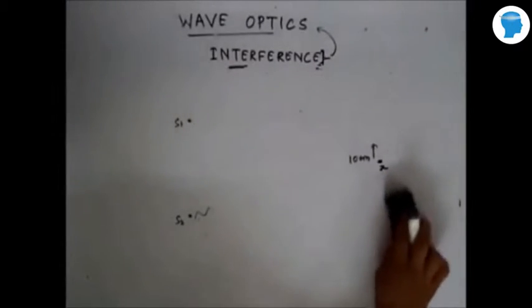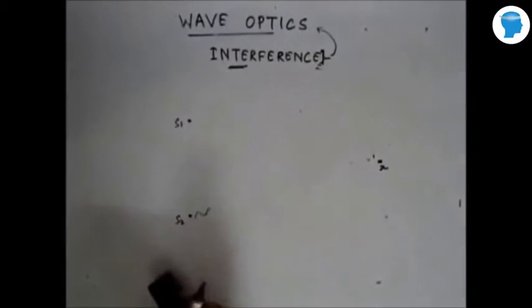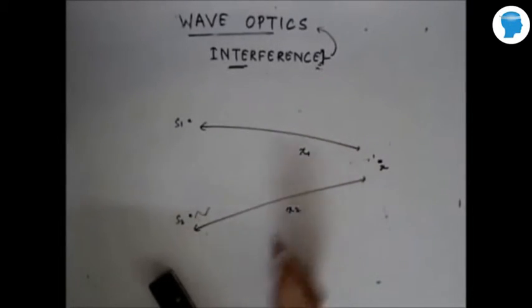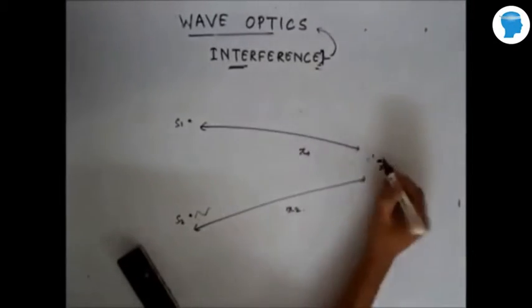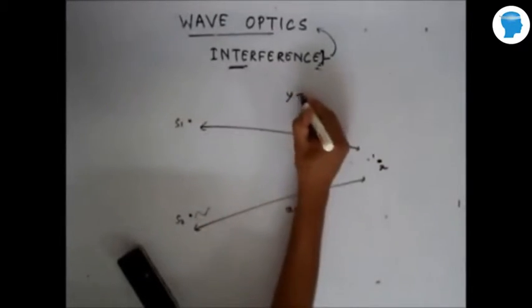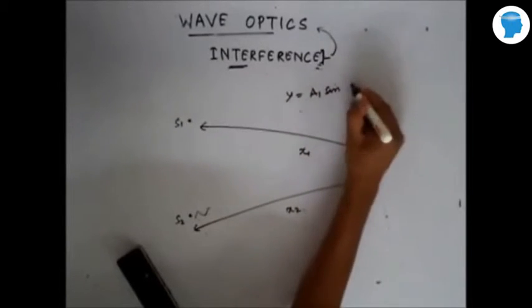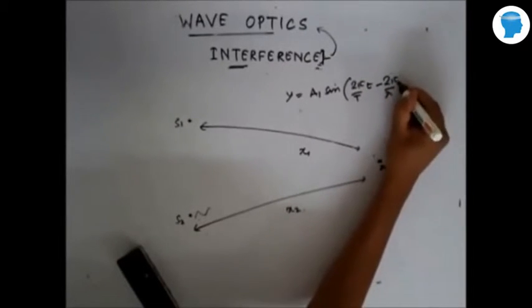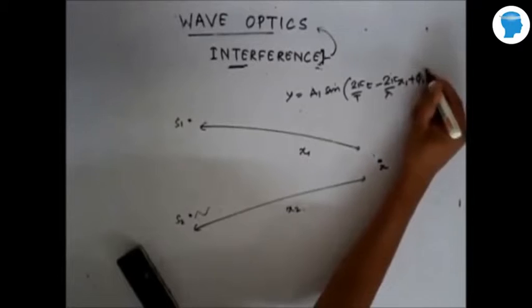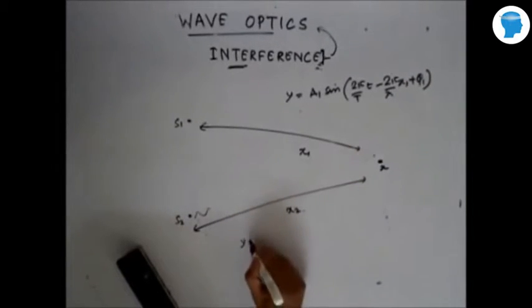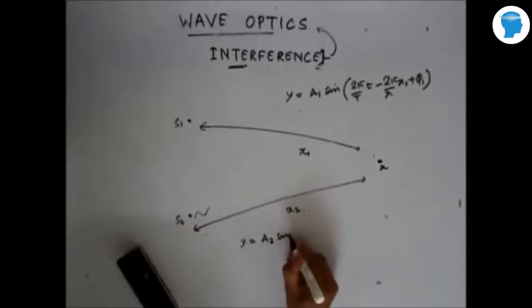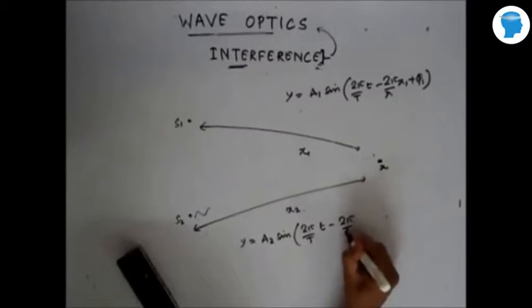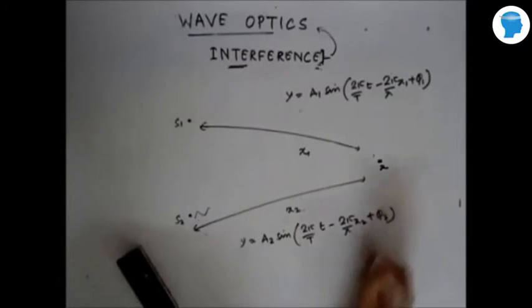Okay, now let's say this distance is x1 and this distance is x2. What is the equation of the wave reaching here due to S1? I can write this as, let's say, a1 sine (2 pi by T t minus 2 pi by lambda x1 plus phi 1). The equation of the wave coming from S2 will be a2 sine (2 pi by T t minus 2 pi by lambda x2 plus phi 2).